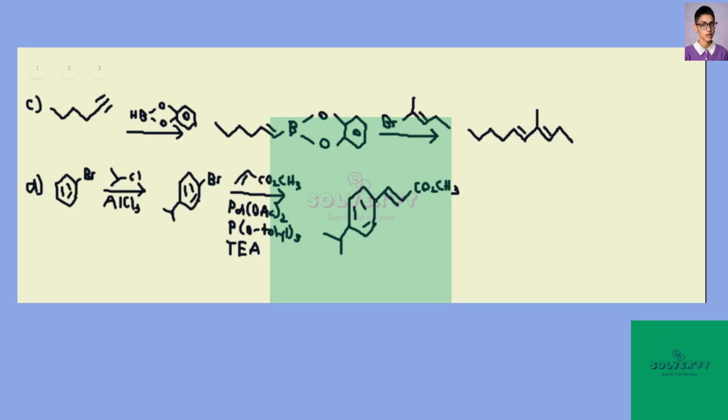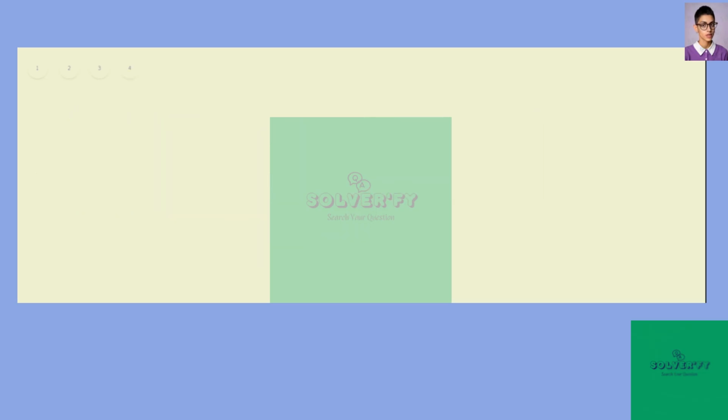Okay, E and F are also pretty straightforward. So for E, again, we'll start from bromobenzene. And this time, we'll actually just start with the coupling reaction.